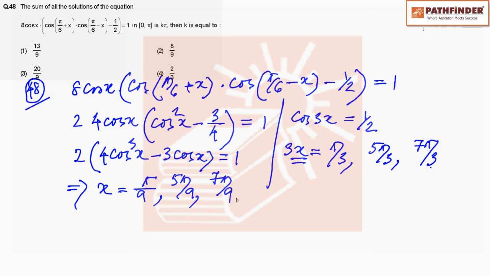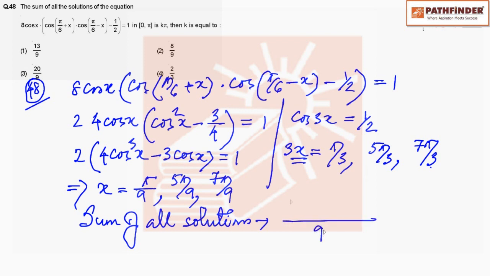Now they are asking to find out the sum of all solutions. So sum of all solutions is, this is 9, this is 1 plus 5 plus 7, it will be 13 pi by 9.